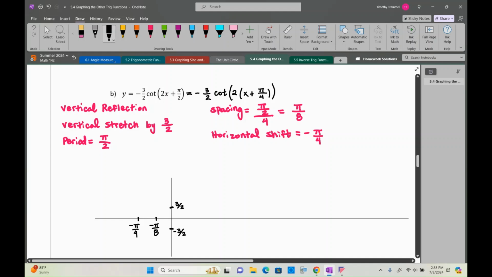If I add another pi over 8, I'll wind up right here. And another pi over 8, I'll end up with pi over 4. Another pi over 8, we'll get 3 pi over 8. And then 4 pi over 8 is pi over 2. All right. And what after that? Then 5 pi over 8.